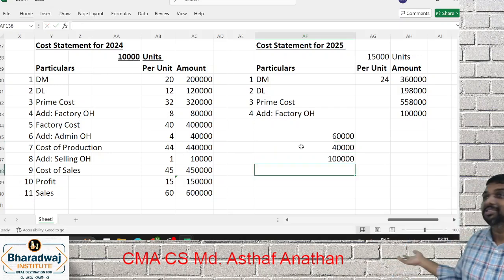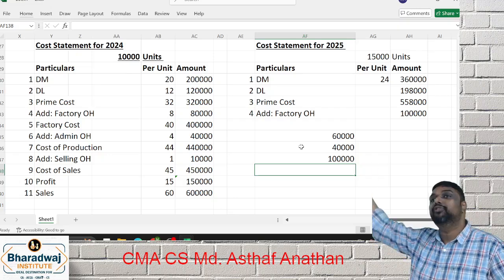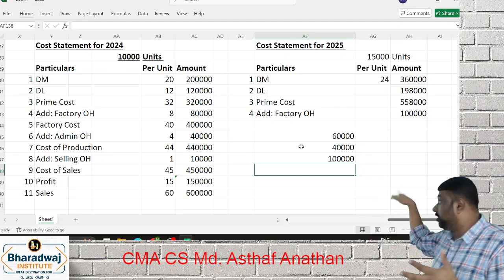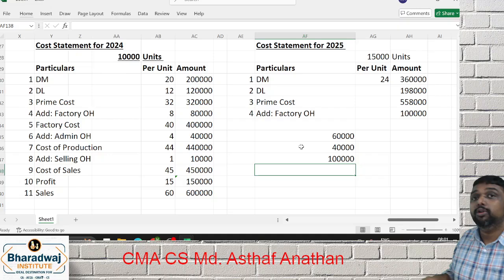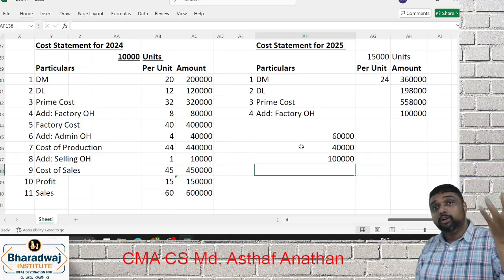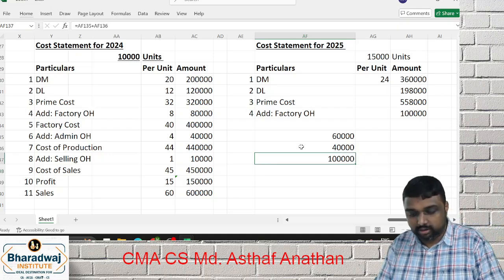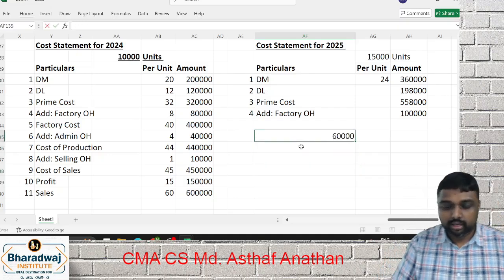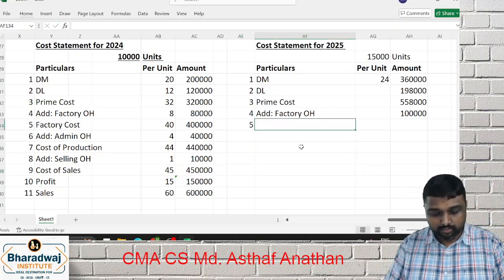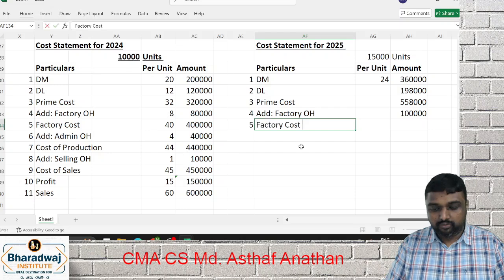Very, very simple. One 4 will not change, so 4 into 10,000, 40. Another 4 will change, 4 into 15,000. So very, very easy. But this is a shortcut only. Per unit details is not the only method you can do. That is why I am doing the total approach. Total approach always will work. So what is the answer now? 1 lakh. This is what you call as factory cost.